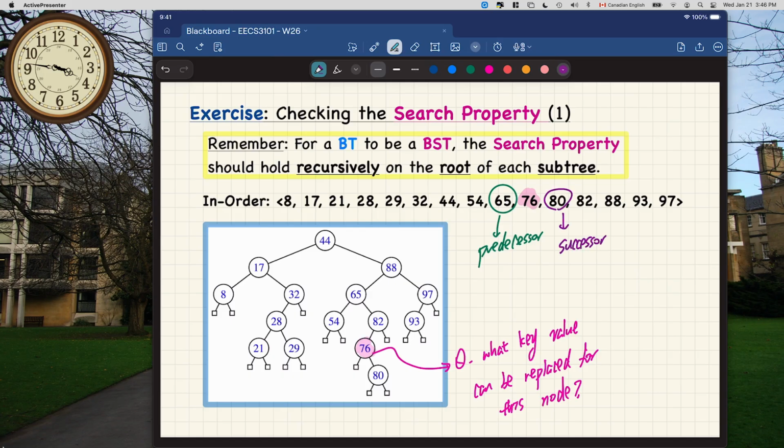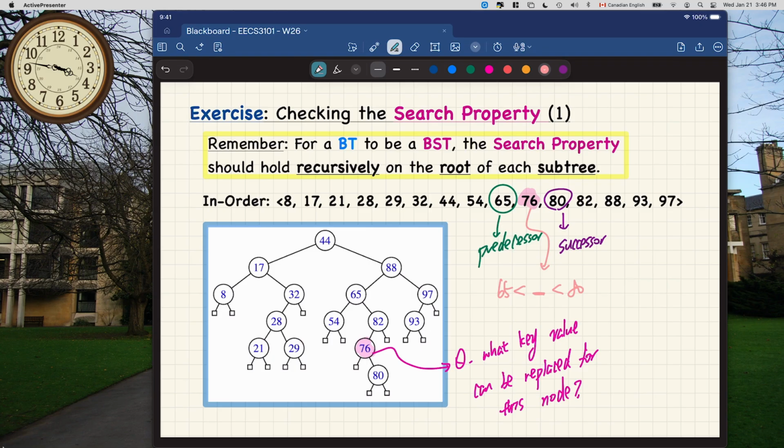In the sequence, you can simply see that if I want to replace this one by some value, it has to be larger than 65 but strictly less than 80. So that will be the range of values.